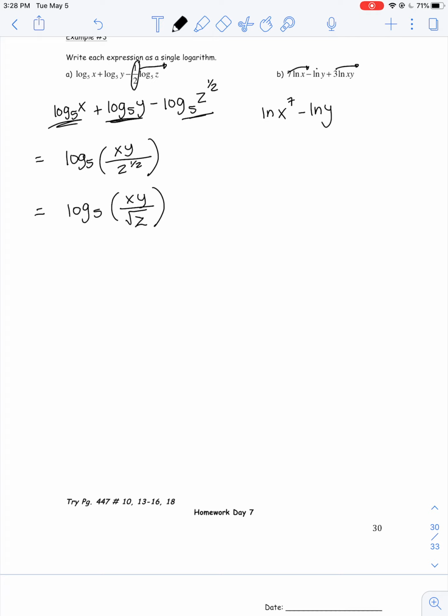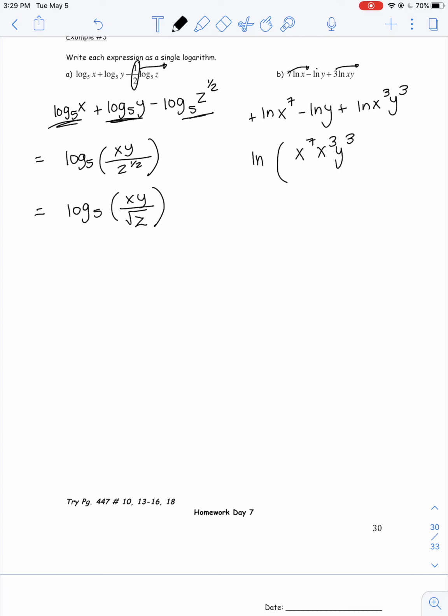For b, same idea. You're going to bring the 7 and the 3 up. So you're going to go ln of x to the power of 7 minus ln of y plus ln of x to the power of 3 and y to the power of 3. So that 3 belongs to the x and the y, so I had to apply it to both. Now, just like in the previous case, we're going to write ln.